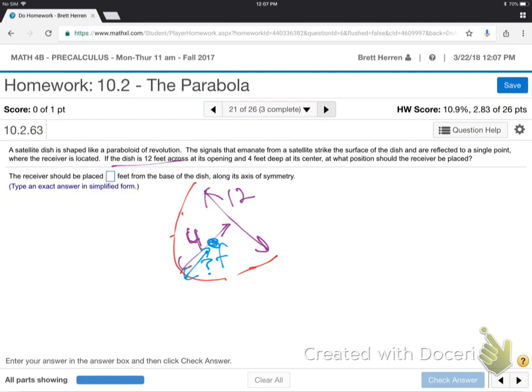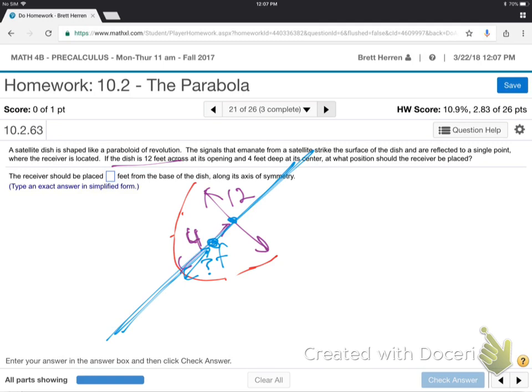It's not going to be right at 4. That's 6 over. It's going to be somewhere on that middle line. It's just a matter of how far on that line. How are we going to find it?